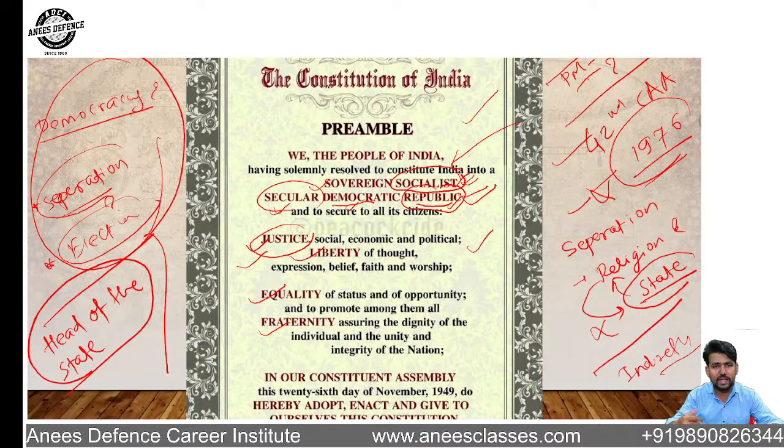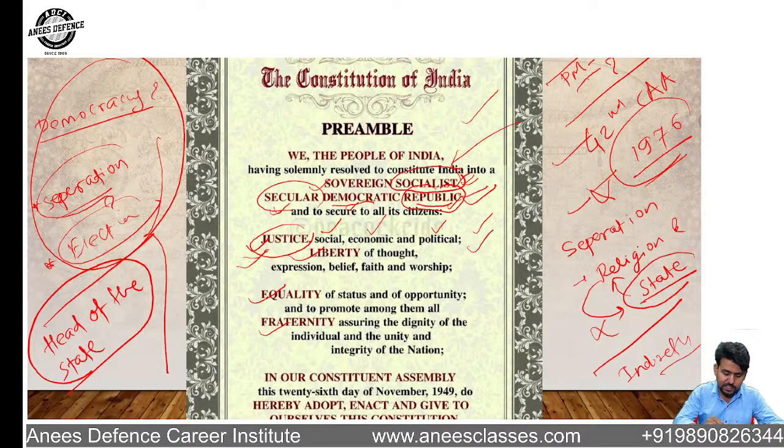Then we will move on to the directive principles of state policy. There also you will see certain kinds of social justice and economic justice provided to the people of India. So the later part of the constitution will elaborate on these points, but just to give you a brief idea, our constitution, or the preamble for that matter, ensures justice to everyone without any discrimination, and that too of three types: social justice, economic justice, and political justice.